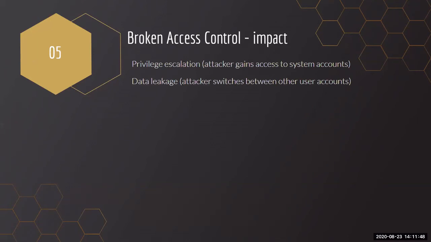It might not lead to complete system ownage. The user might not be able to switch to an admin account or any other system account. They might only be able to switch to other regular user accounts, but that's still bad because those users might have sensitive information stored in there, personal information or health record information, depending on what your app is doing. This could be really bad.